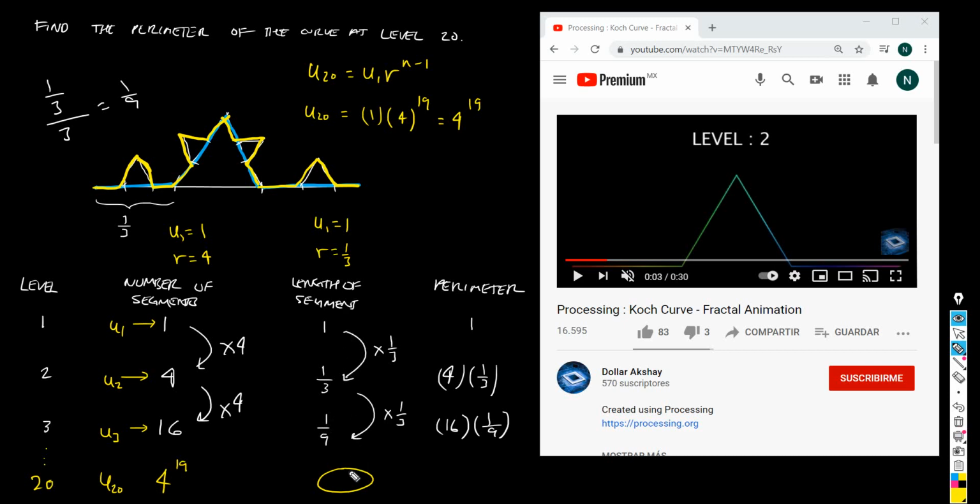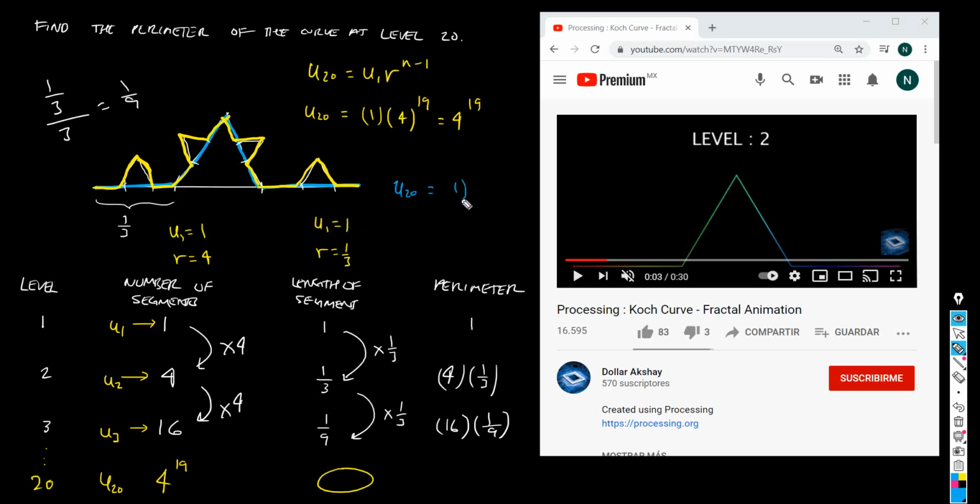I'm looking for the 20th term in this sequence. So I use my formulas. I'm going to do that in blue. U20 will be the same, right? I'm just going to use this formula. What is the first term in this sequence?